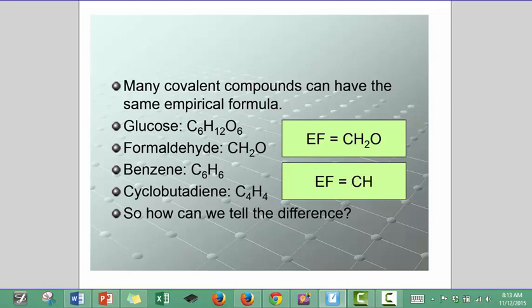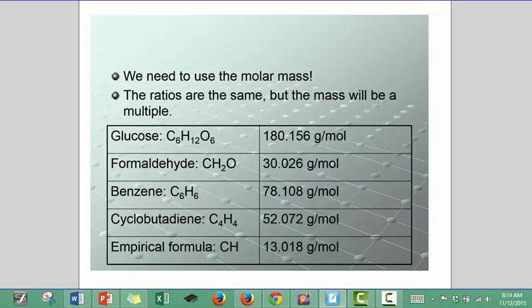So how can we tell the difference between these formulas? We use the mass. The ratios are going to be the same, but the mass is going to be a multiple of that empirical formula. For example, glucose and formaldehyde both have CH2O as their empirical formula. So the mass is 30.